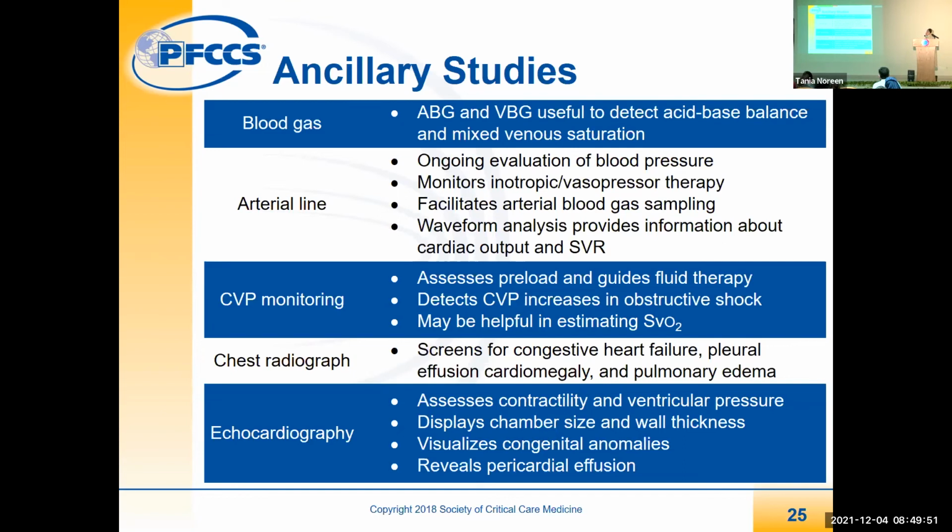But if somehow tissue is extracting 40%, तो फिर वेन की सैचुरेशन कितनी रह जाएगी? 60%. So this is showing the significance. जहां पे मिक्स वीनस सैचुरेशन लो हो रही है, then you have to check कि क्या रीजन है जिसकी वजह से ये मिक्स वीनस सैचुरेशन कम आ रही है उस पेशेंट में.